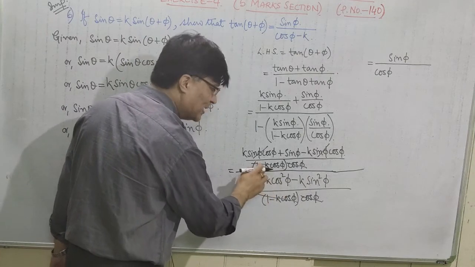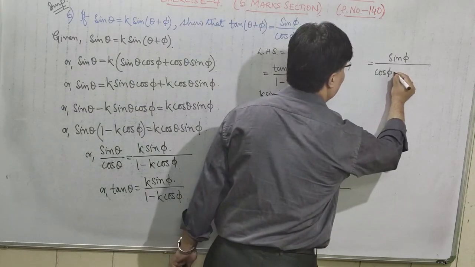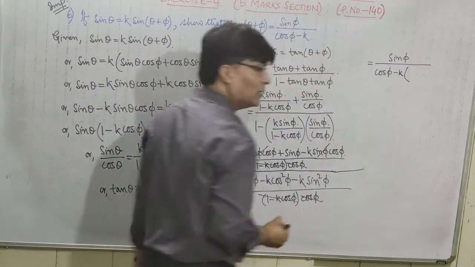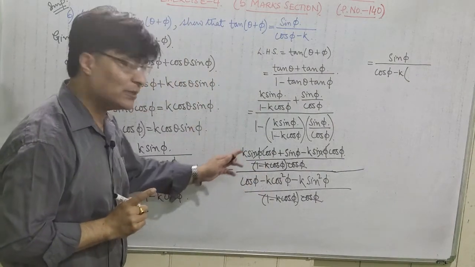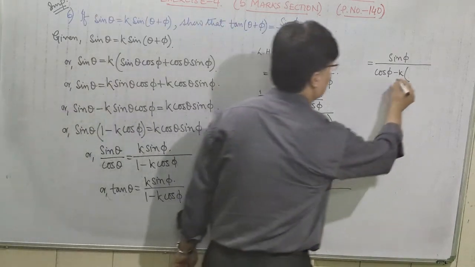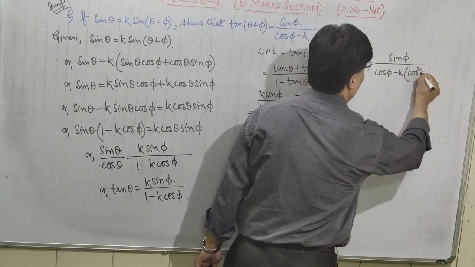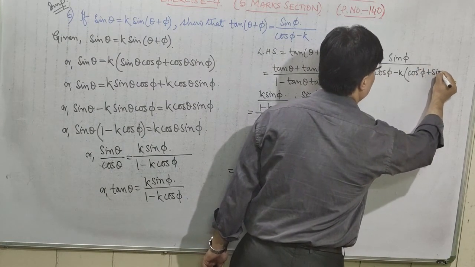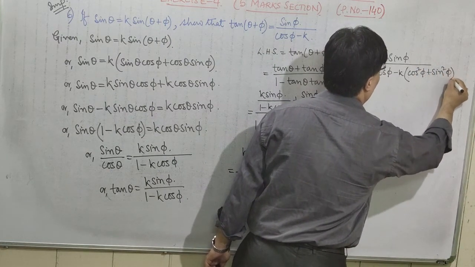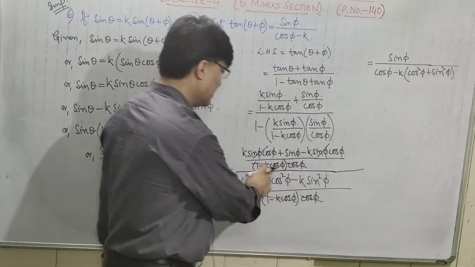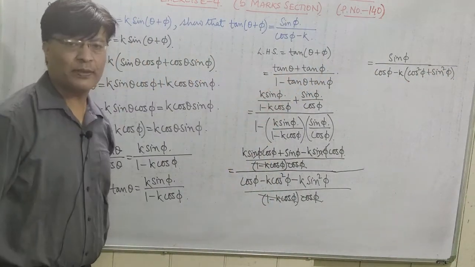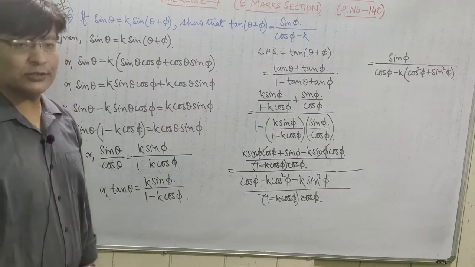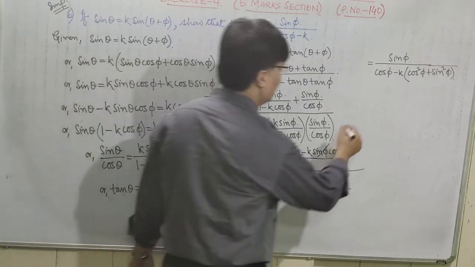That is common, k is common. So minus k is taken common out here, and within the bracket we have cos square phi plus sin square phi.